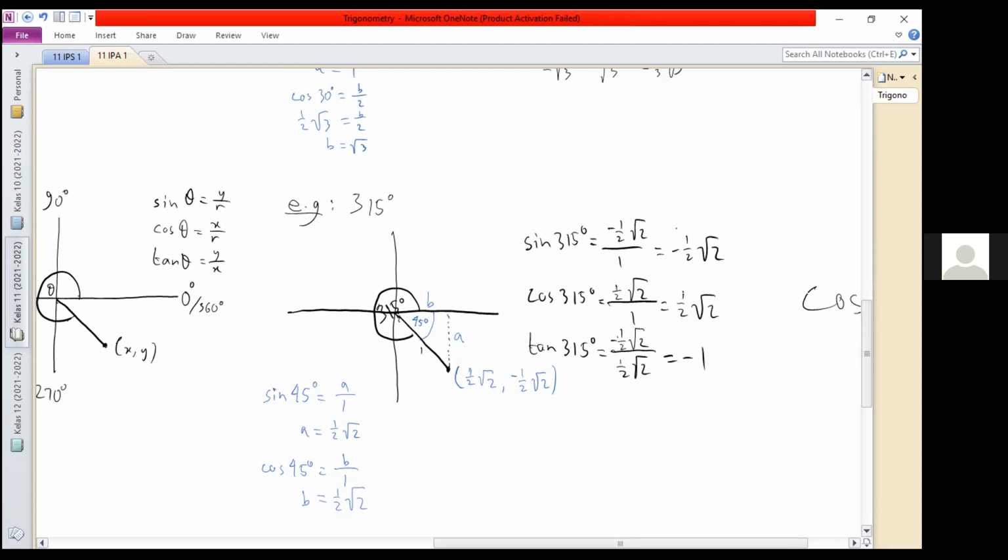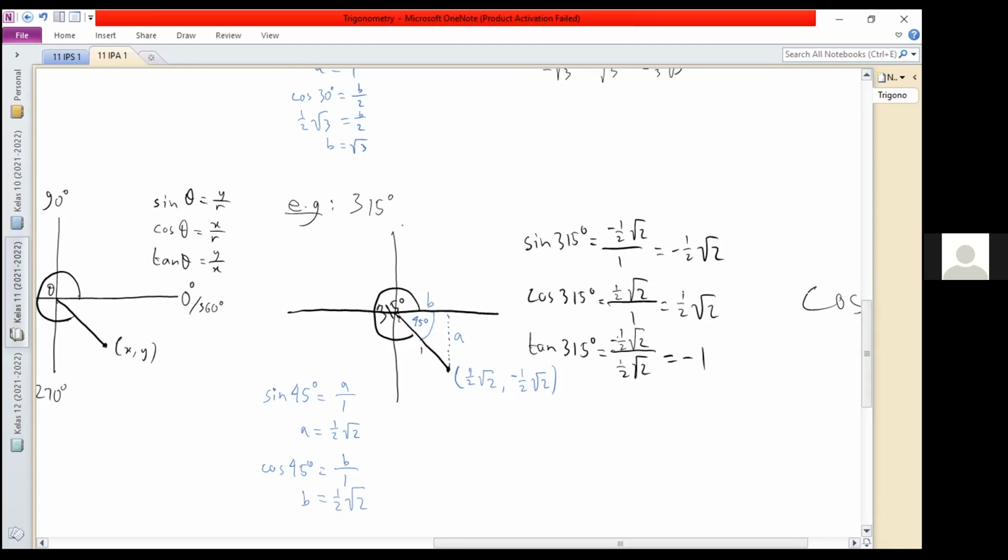That's what I mean: we can determine the sine, cosine, and tangent of an angle greater than 90 degrees by using related angles.